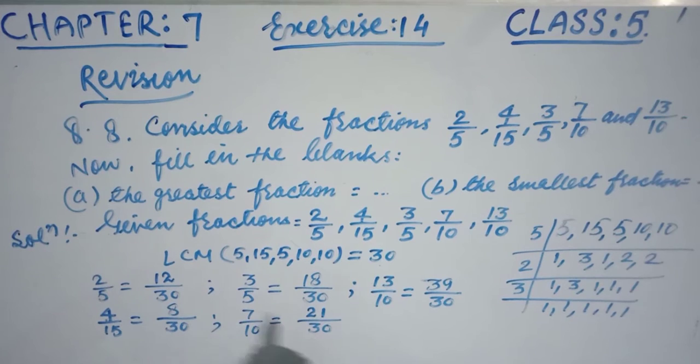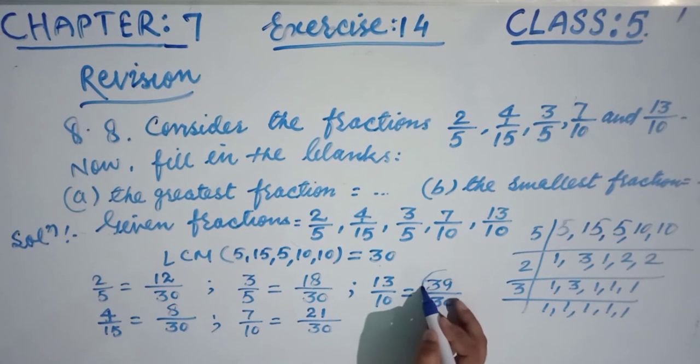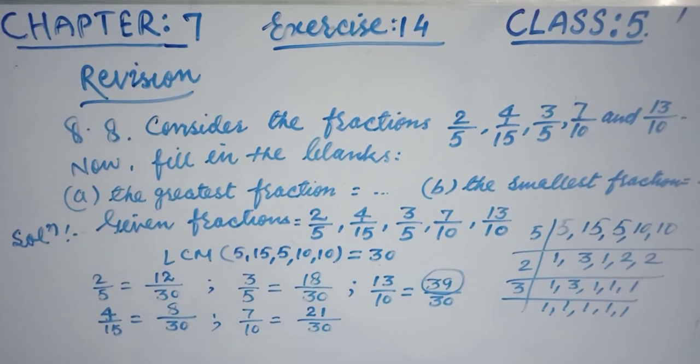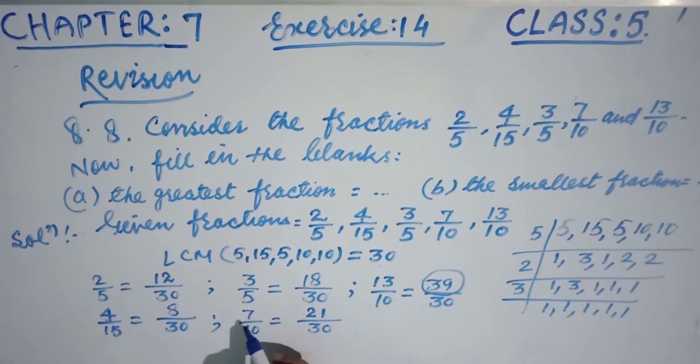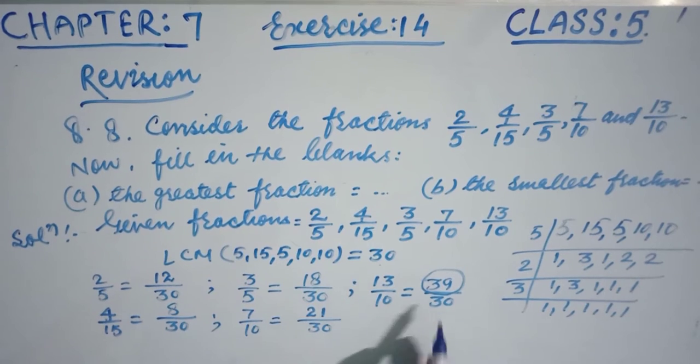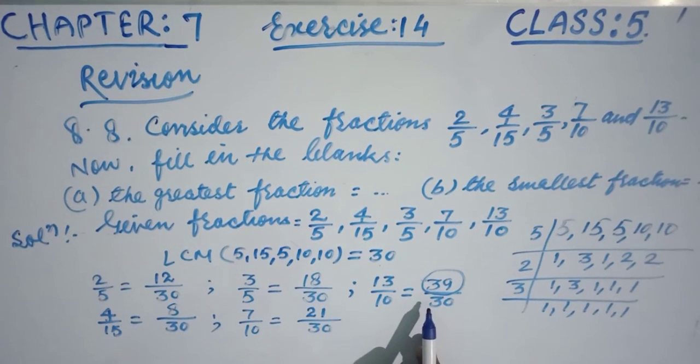Now see, friends, first of all look at the greatest numerator. So the greatest numerator here, friends, is 39, and other than this, all numerators are below 39. So we can say 39 by 30 is the greatest fraction, and this is equal to 13 by 10.